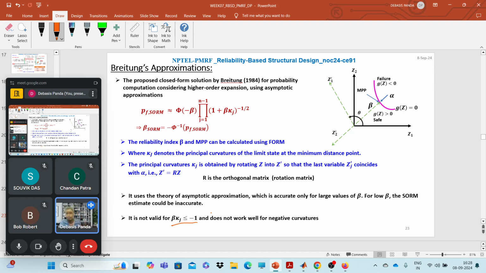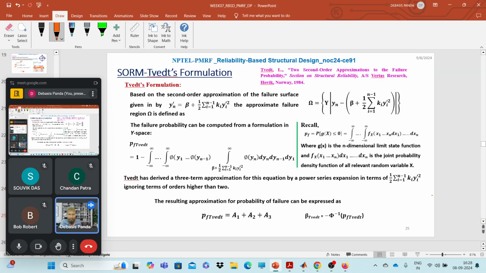Now, one more model we have is called the Tvedt model. In this publication you will find all the derivation. I am not going into the derivation part, I will just go to the model. In the Tvedt model he used three terms to approximate the limit state function, or the second order approximation function, and gave the three-term probability of failure.